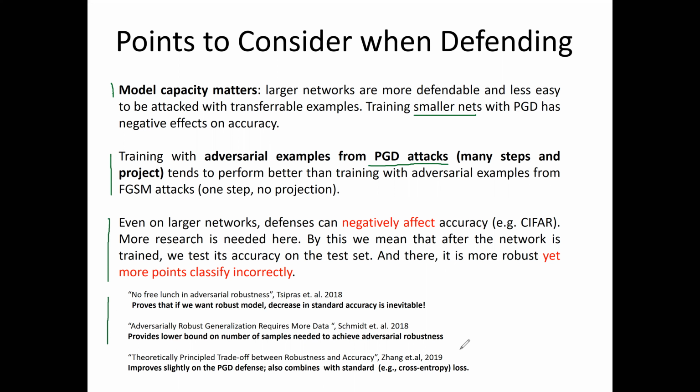This paper over here at the bottom introduces a defense called TRADES. What it tries to do is give you a principled way of deriving the optimization problem. There are two parts: how to theoretically justify the corresponding min-max optimization problem.